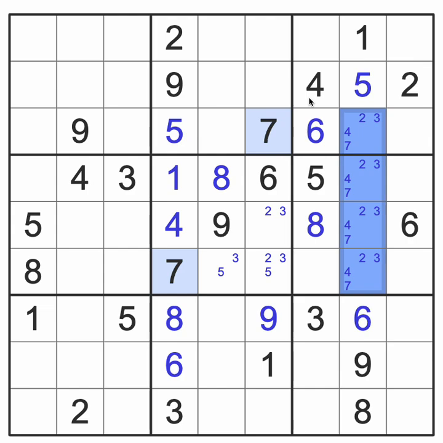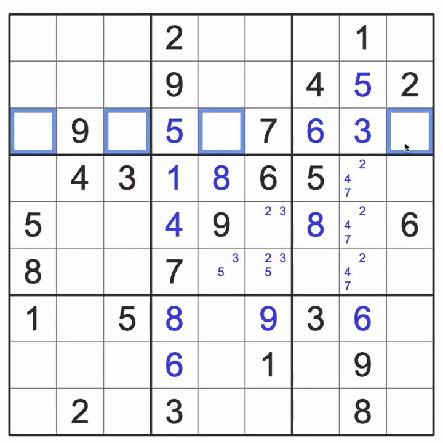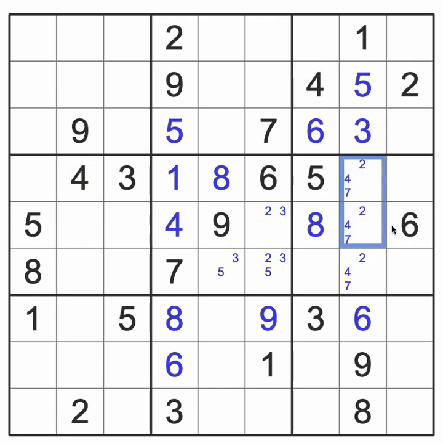And 2, 4, 7 all block this cell. Makes it 3. And now these 4 cells. Sorry, I should clean this up. 4 and 4 blocks these 2 cells. Gives me 4 here.